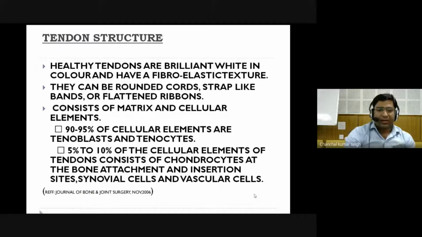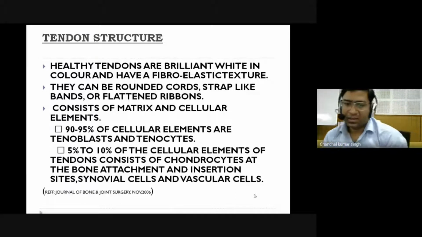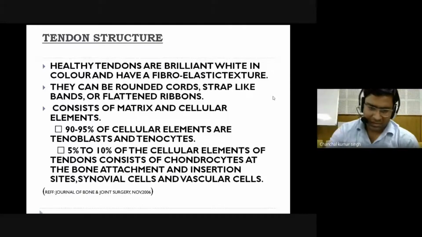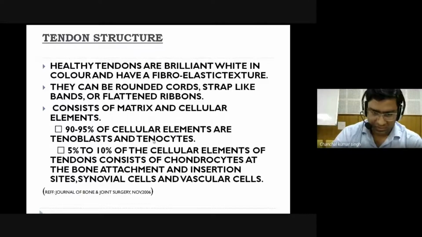And 90 to 95% of the cellular elements are tenoblasts and tenocytes. So basically blasts and cytes, as you have myoblasts and myocytes, osteoblasts and osteocytes. Here the precursor cell is the tenoblast, then you have tenocytes, and most of them are laid in a longitudinal fashion along the length.